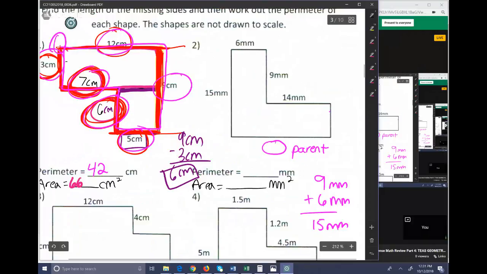So there's 3 sides that are moving horizontally. There is the one with the 6, the one with the 14, and the one that we don't know as far as the parent. So I am not sure why my pen and mouse are not working. Let me try one other thing, but I may have to cut this recording and start again. Yeah, I don't know why my pen is not working.